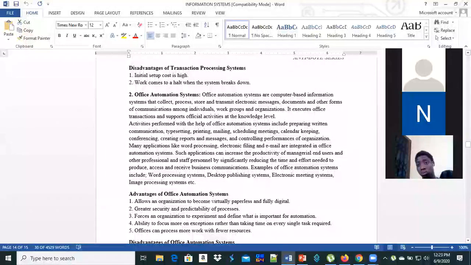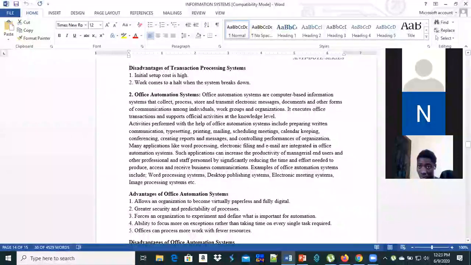The transaction processing system takes the daily account of everything that happens in the organization, and then the office automation system, after the transaction and everything is done, forwards everything that needs to be done to the appropriate quarters, most likely to the knowledge users. Then at the knowledge level, these are experts working.